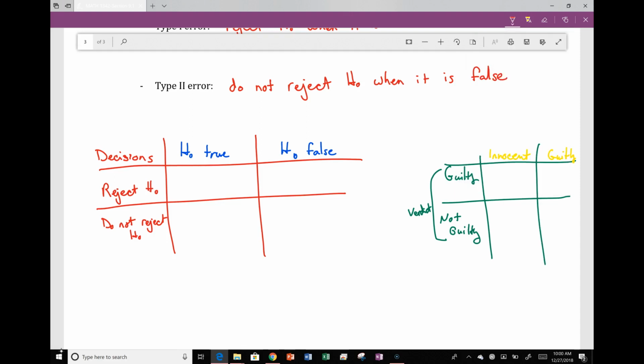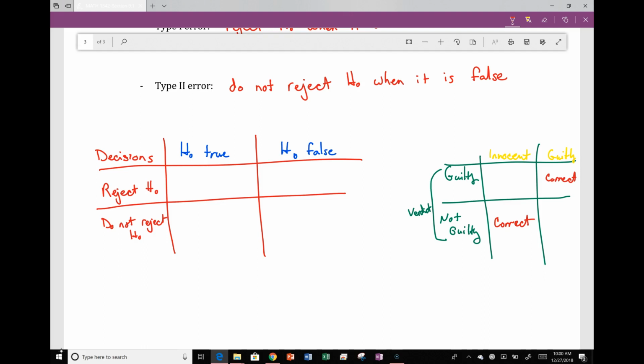So looking at this, in the court of law, if they're guilty, and we find them guilty, that is a correct decision. So we came back with the correct verdict. If they're innocent, we should come back with a not guilty verdict. So that would be the correct decision in that case.